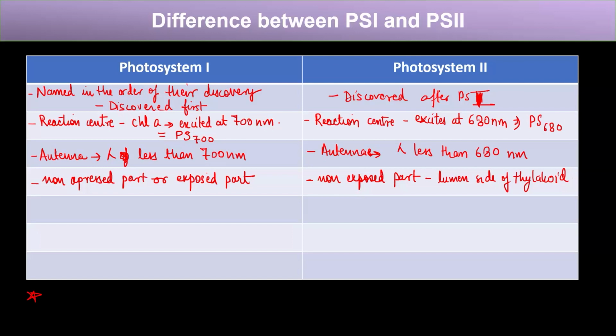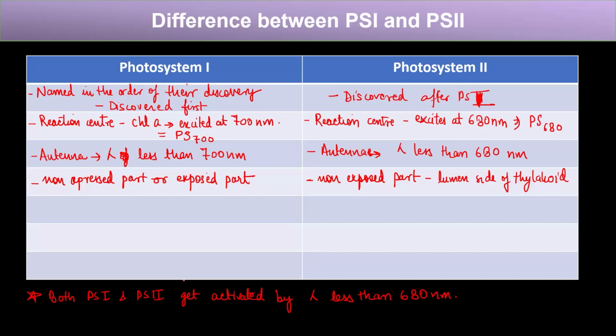If you give a light higher than 700 nm, none of them will be activated. So both PS1 and PS2 get activated by wavelength that is less than 680 nm.